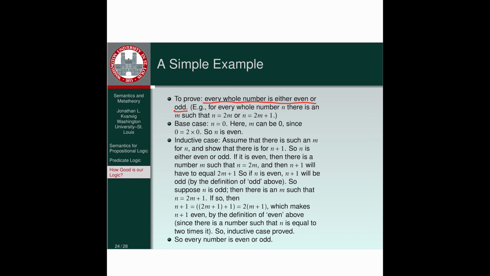Now, the first thing we do is exploit a definition of even and odd. And remember, one of our proof techniques is proof by definitions, by appeal to explicit definitions. So, for every whole number, our hypothesis is, for every whole number n, there is an m such that n equals 2m, or n equals 2m plus 1.